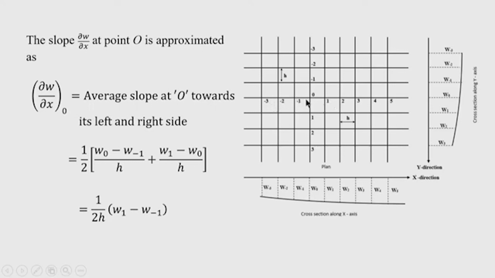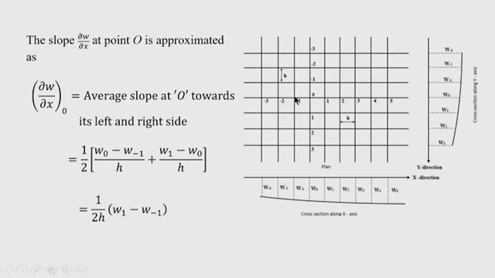On the negative side, the slope will be w0 minus w-1, divided by h. These two quantities are added and divided by 2 to take the average slope. After doing this algebra, summing these two slopes and dividing by 2, we get ultimately the slope at O.